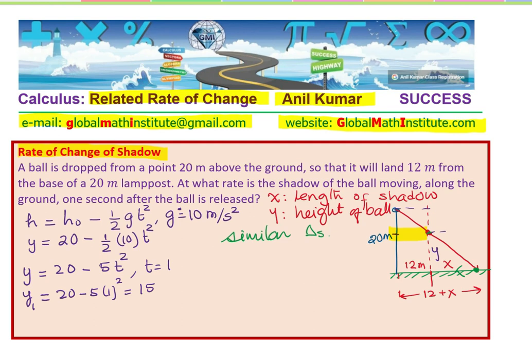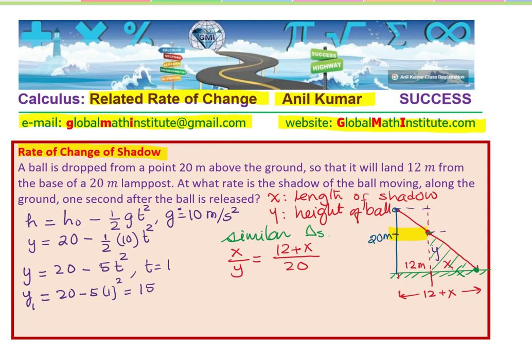So if you look at the big triangle and the small triangle, let me write this relation: x over y is equal to, looking at the triangle right here and the big triangle, x corresponds to 12 plus x over 20.